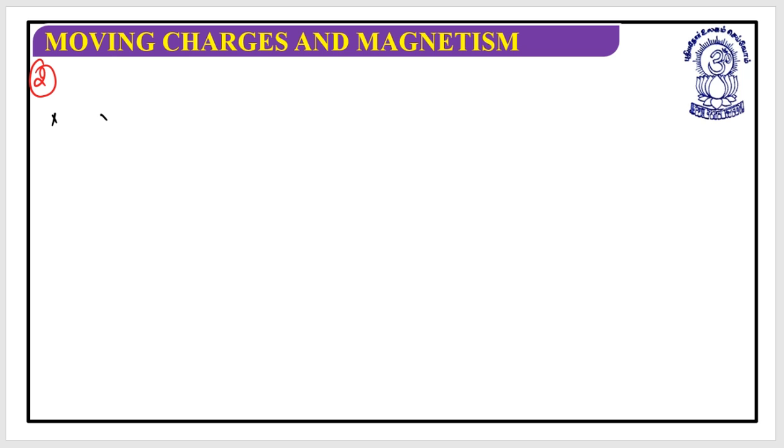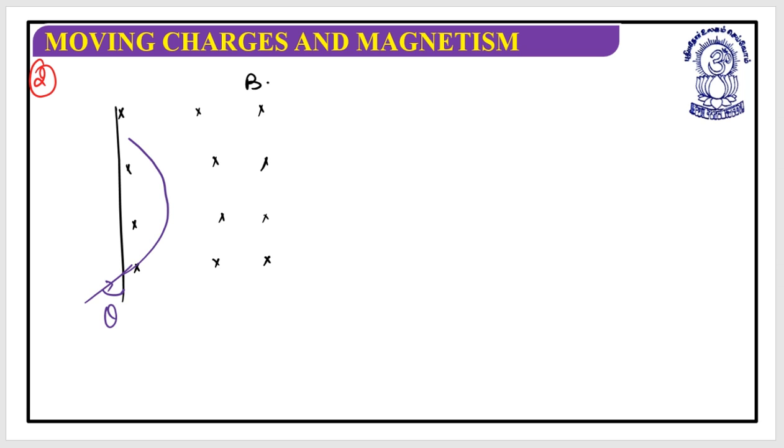Let's suppose that this is the magnetic field B. This is its boundary, and my charged particle enters like this, such that it makes an angle theta over here. It enters at this and leaves like this.